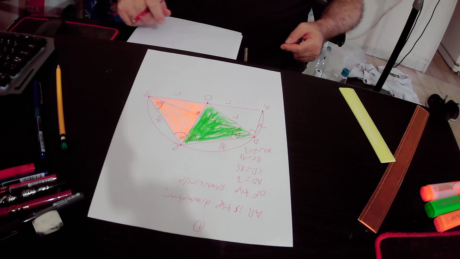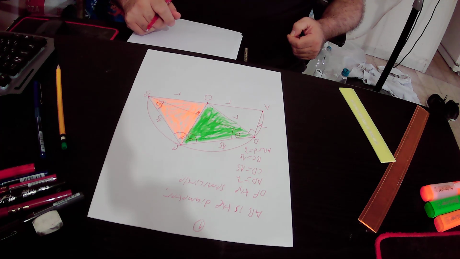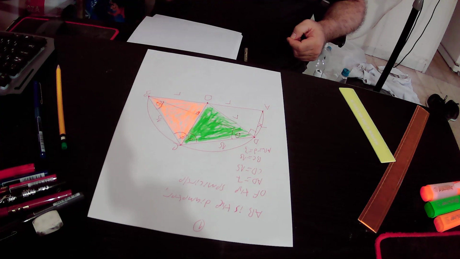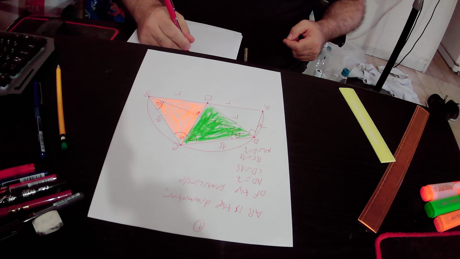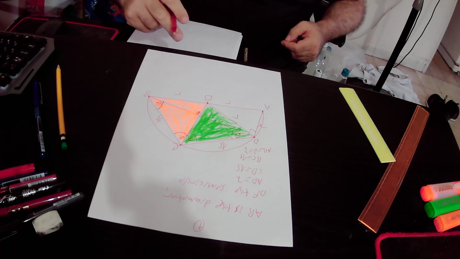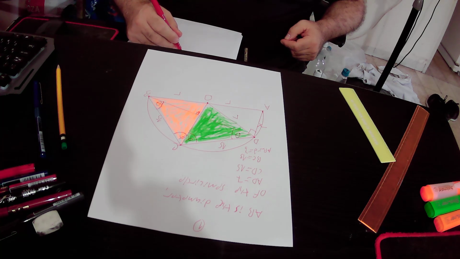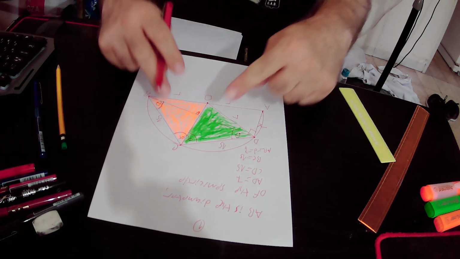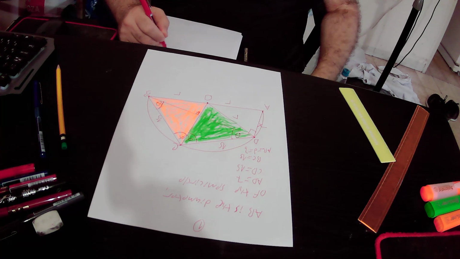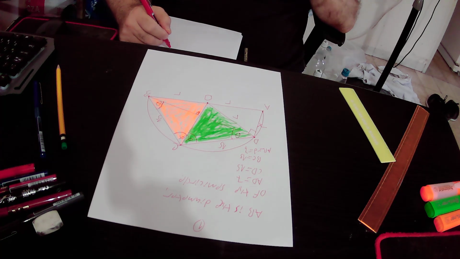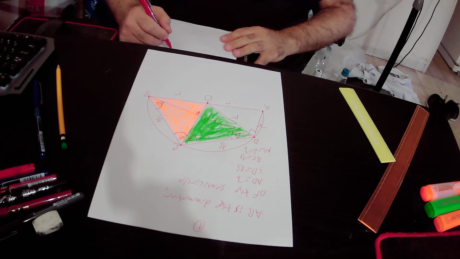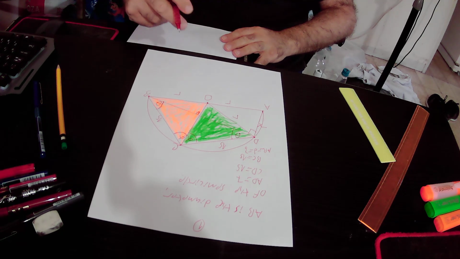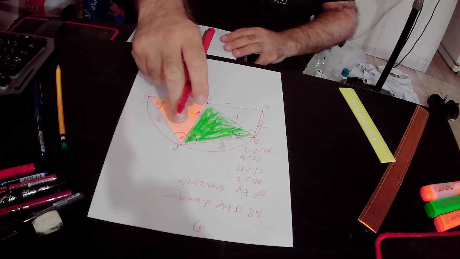We know that side CD of triangle CDE is equal to side CB of triangle CEB. Both of those two sides are equal to 15 units. We also have here a common side.